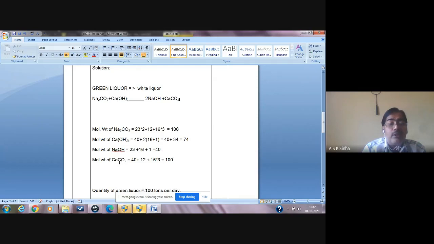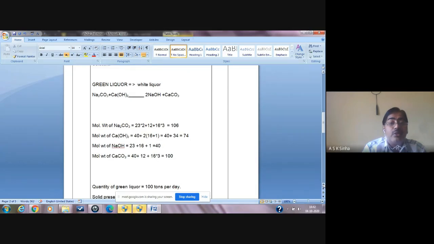The molecular weight of calcium carbonate is 40 plus carbon 12, and for oxygen again 16 into 3, so the total is 100. This is the second step: you have to calculate the molecular weight of the reactants as well as the products. Here are the two reactants, sodium carbonate and calcium hydroxide, and two products, sodium hydroxide and calcium carbonate.